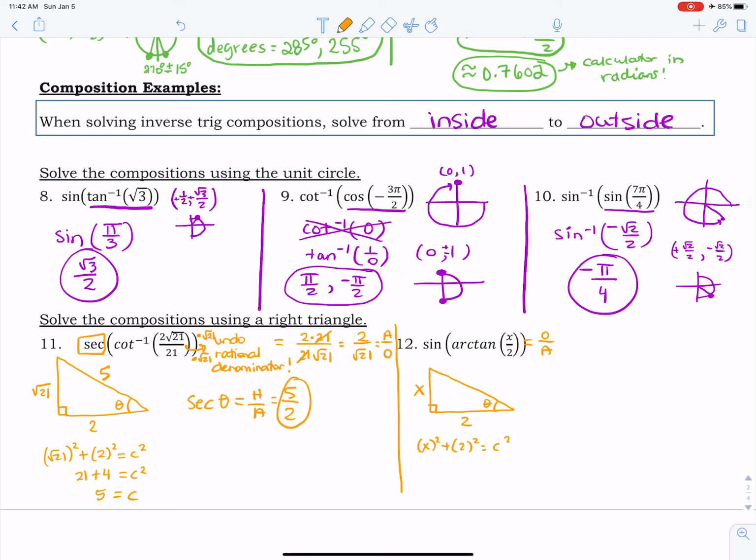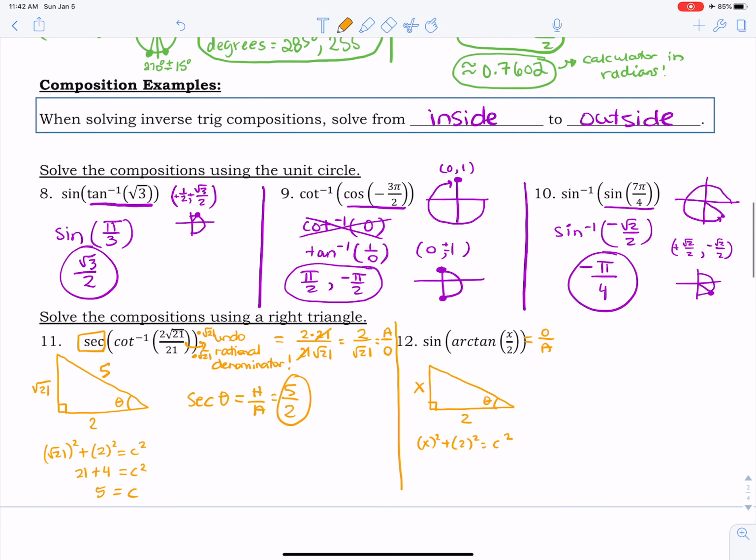Sometimes you have a c value and you have to solve by subtracting. It just so happened both of these ended up being add examples. And this is x squared plus 4 equals c squared. When we take the square root, it literally just puts the square root on the other side. You cannot solve it separately. You have to leave it as one whole expression: square root of x squared plus 4.